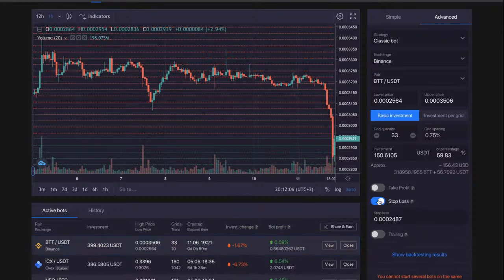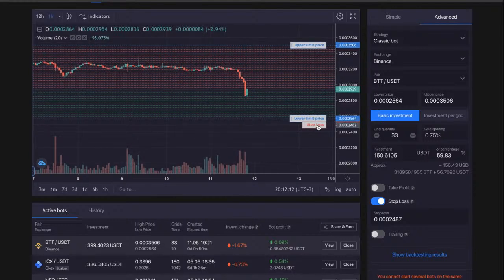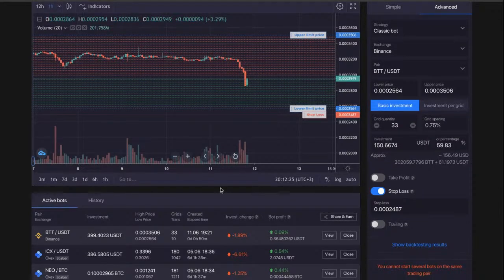If I plot the stop loss by clicking on the stop loss button, here is my stop loss, and I can adjust it in any direction I want. Then when the price triggers the stop loss, the bot will automatically close the position.